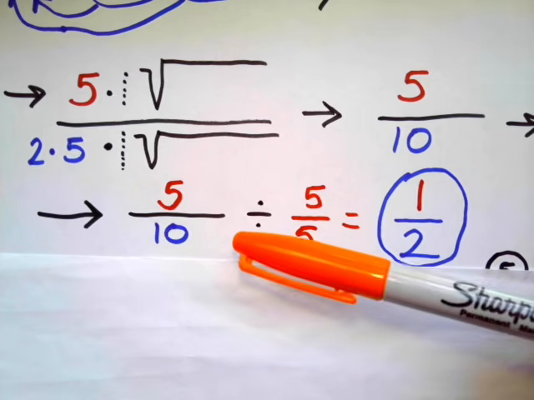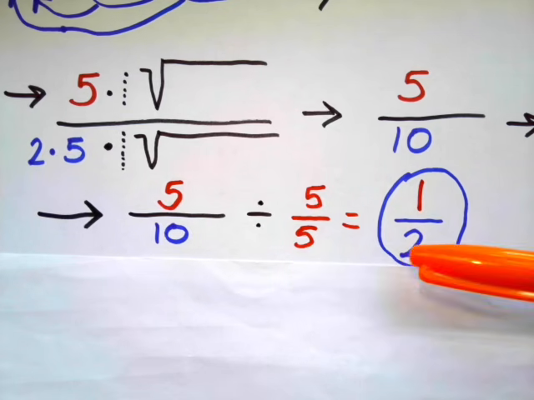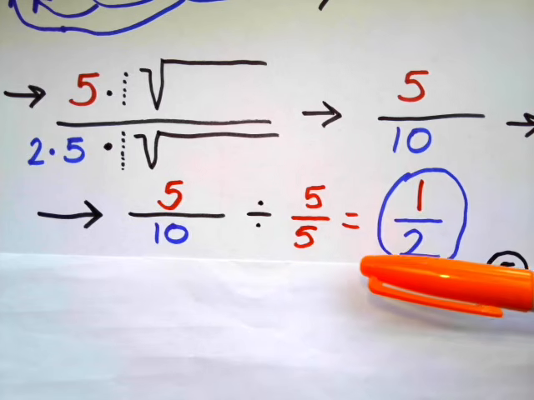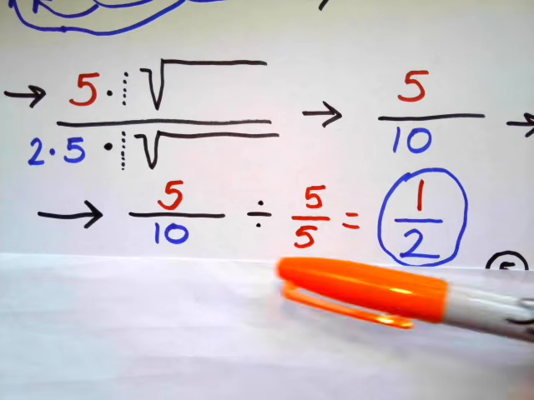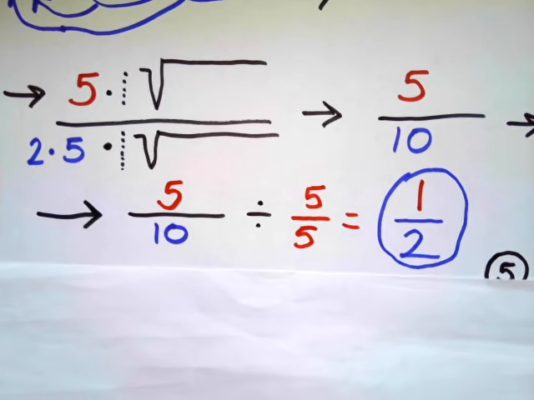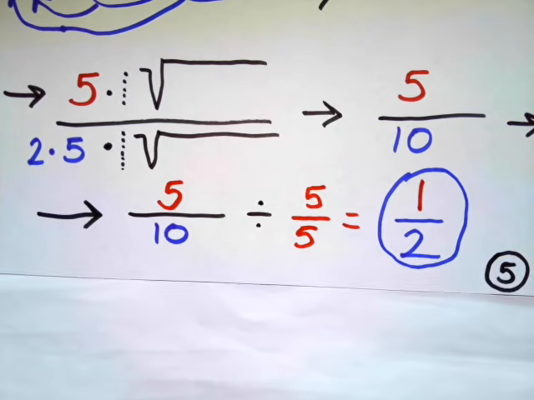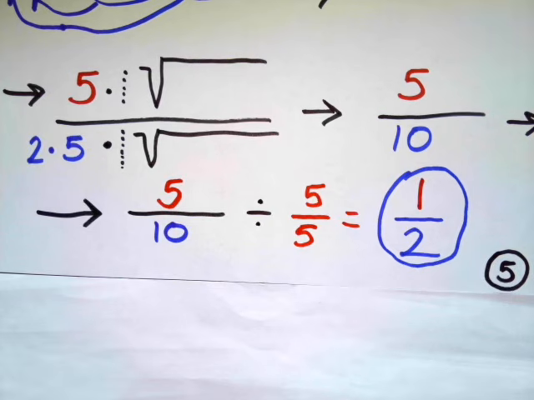And 10 divided by 5 is 2, because 5 times 2 is 10. And so we have simplified that radical. Hey, math is easy. Take it step by step. Thank you for joining me.